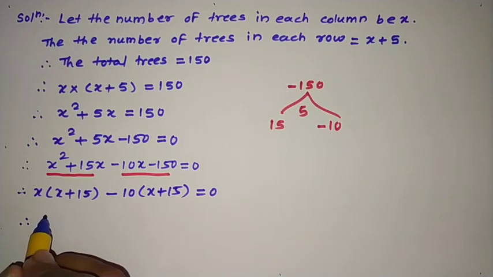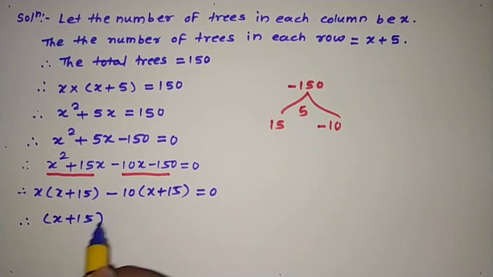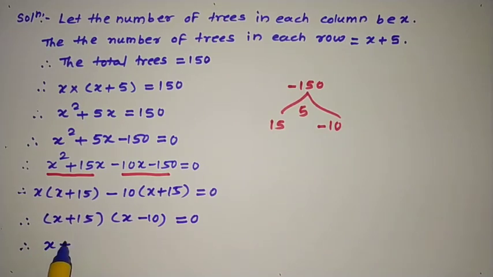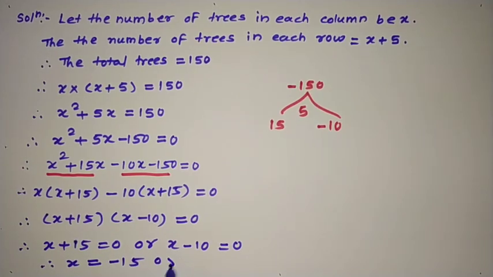Therefore, x plus 15 is the common factor and x minus 10 is equal to 0. Therefore, x plus 15 is equal to 0 or x minus 10 is equal to 0. Therefore x is equal to minus 15 or x is equal to plus 10.